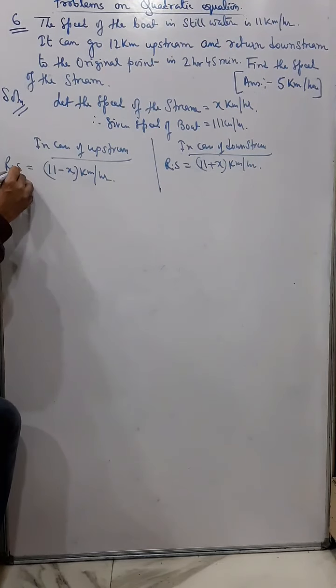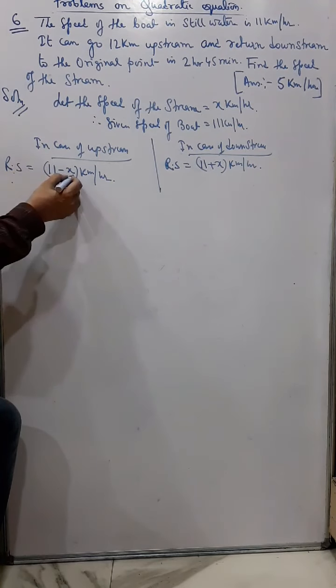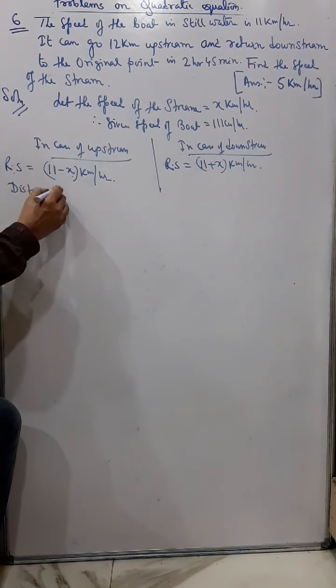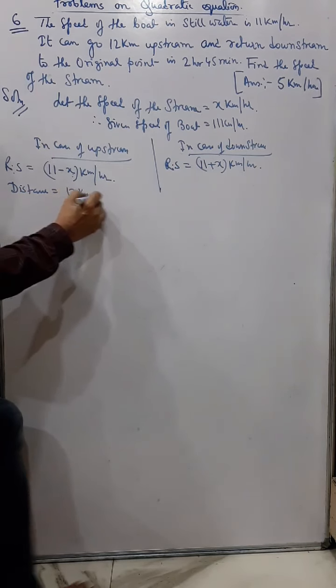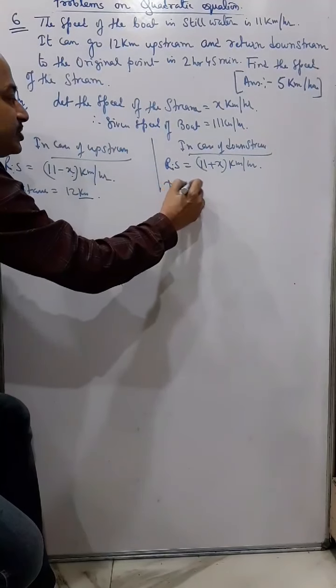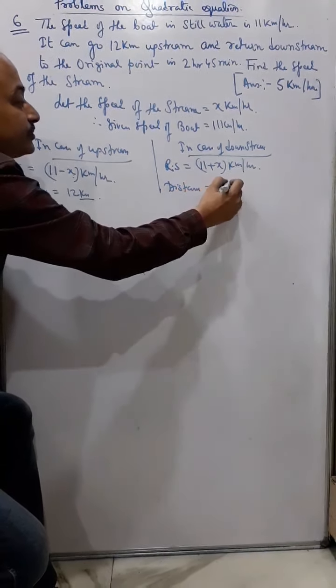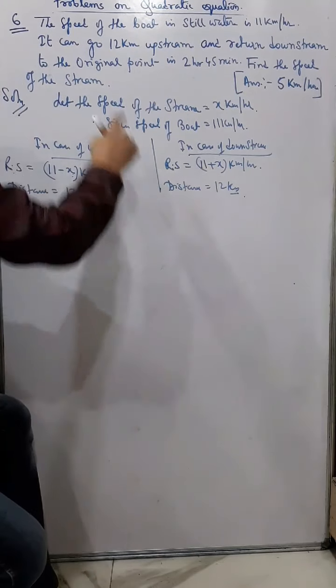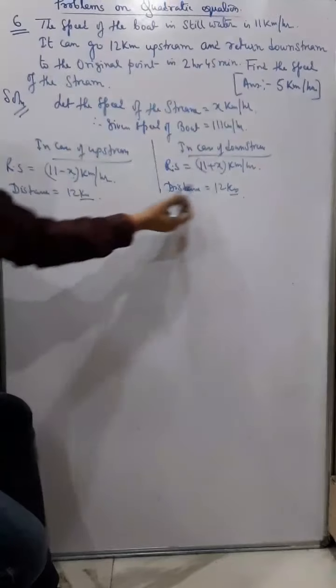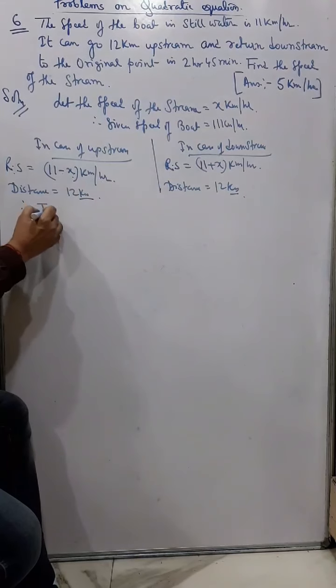Now you can see the speed in case of upstream is this, and the distance is how much? 12 kilometers. In case of downstream also, the distance is 12 kilometers. So it goes 12 upstream and returns downstream, the distance is the same, and therefore time will be how much?